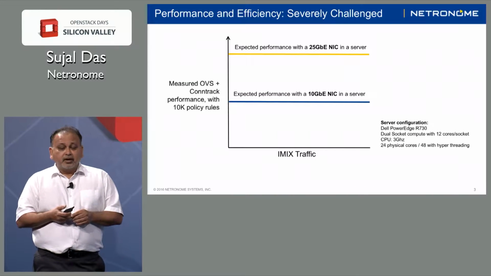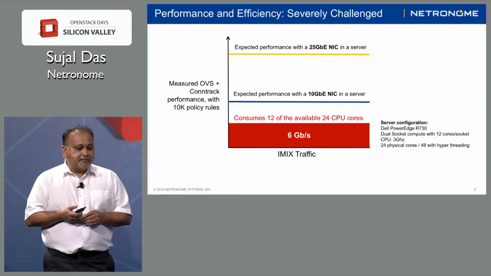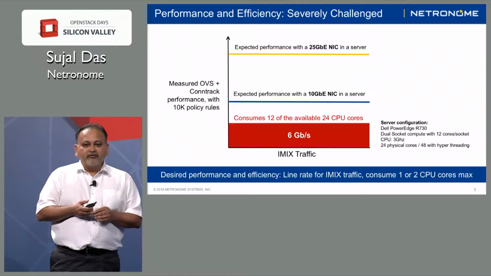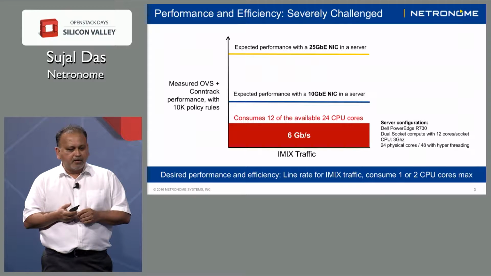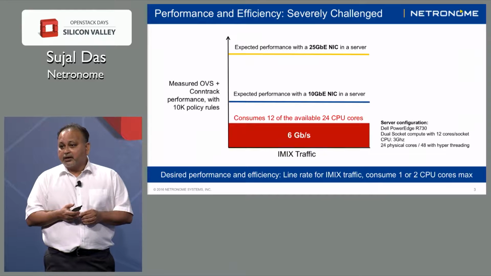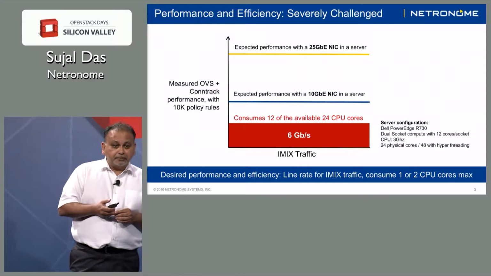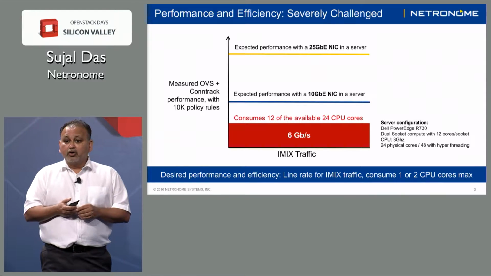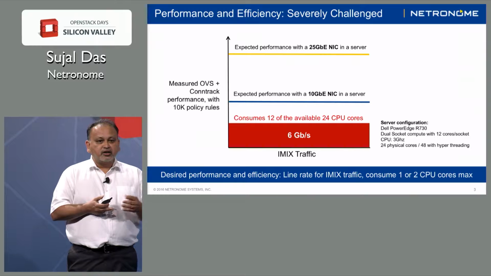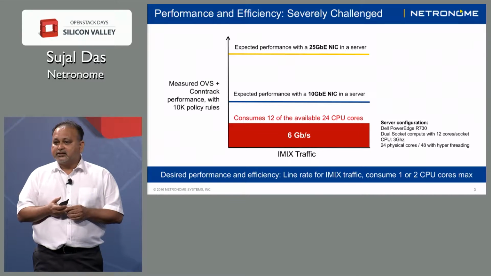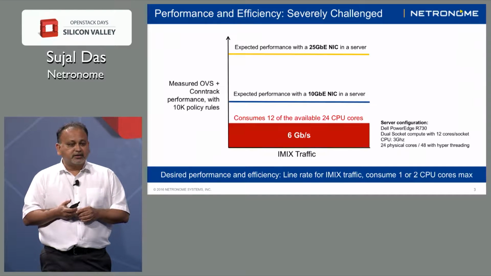However, there are some challenges that we see when OVS and connection tracking is used for zero trust security. At Netronome, we benchmarked OVS and connection tracking using a Dell server with 24 Xeon CPU cores. We had OVS and connection tracking running on the server with 10 gigabit Ethernet NICs as well as 25 and 40 gig NICs.